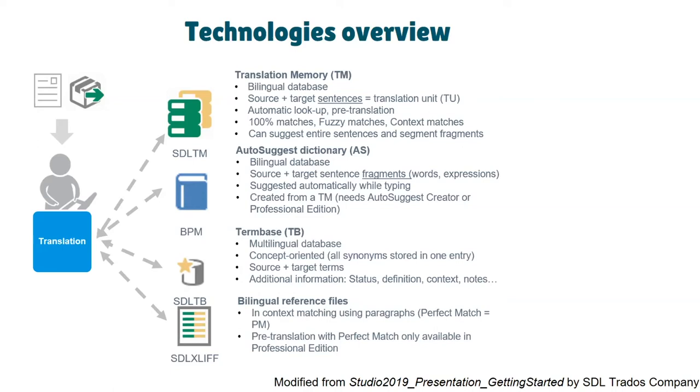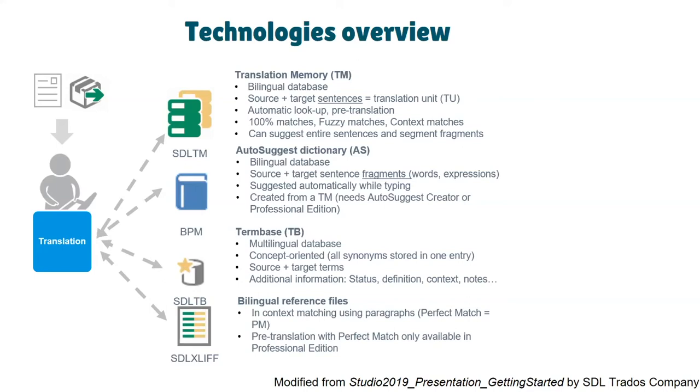Another technology is the term base. It is a multilingual database, and it is concept-oriented. So all synonyms will be stored in one entry, and it contains source terms and target terms. Additional information will also be given, like status, definition, context, or maybe other notes about the term.